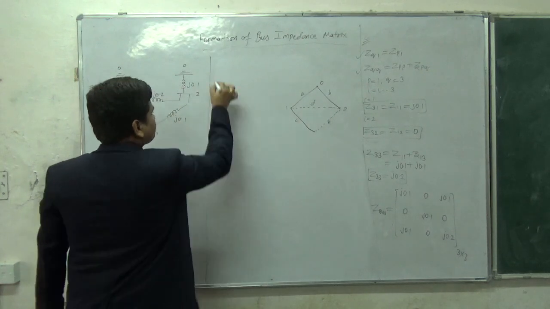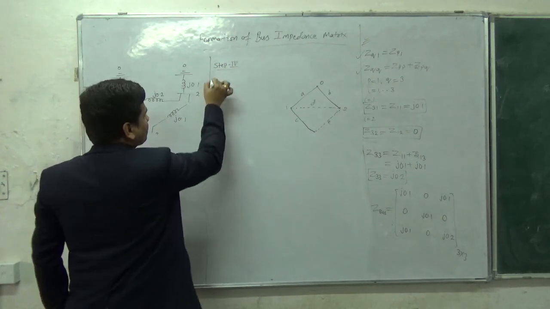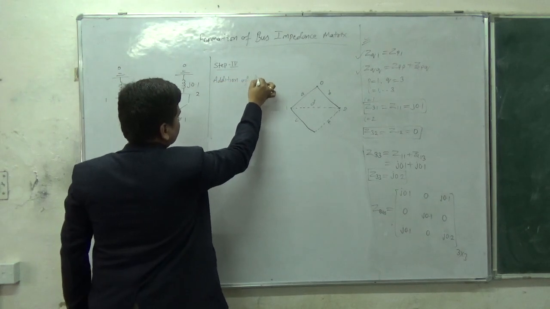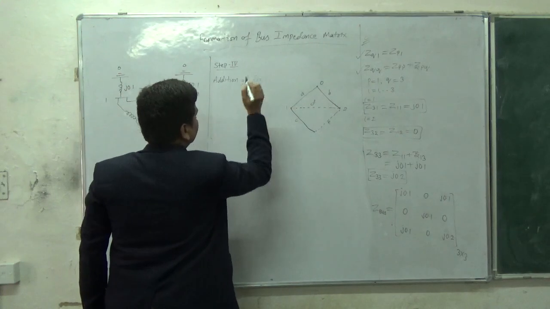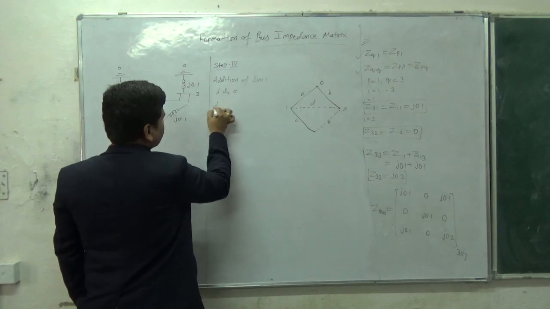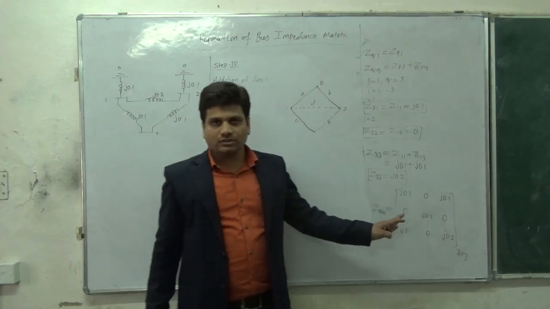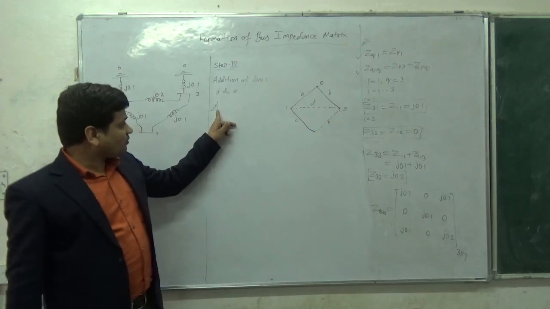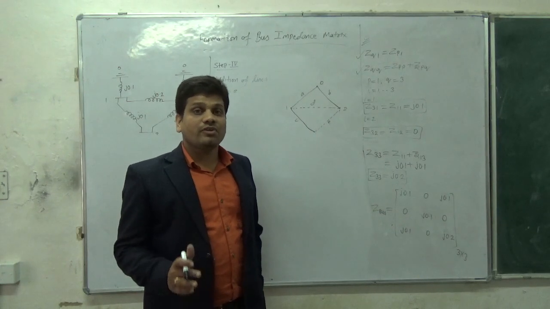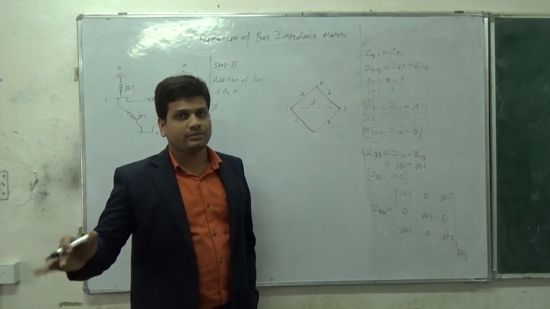The links are D and E. Now the calculation for D. The dimension of the matrix will not change due to the effect of this link, but all the elements will change. I need to calculate all the elements again, Z11, Z12, Z31, Z32 and all.